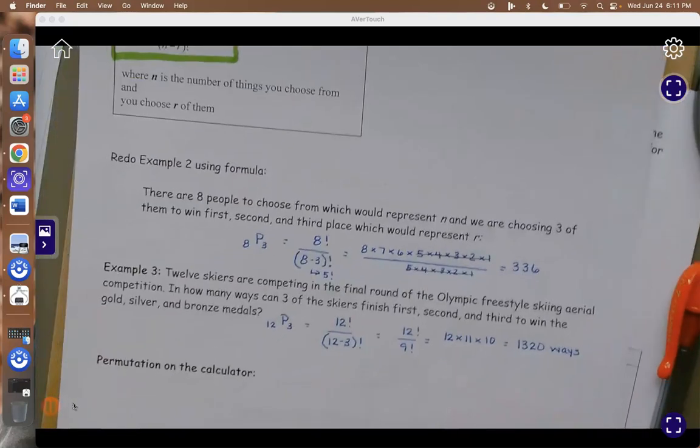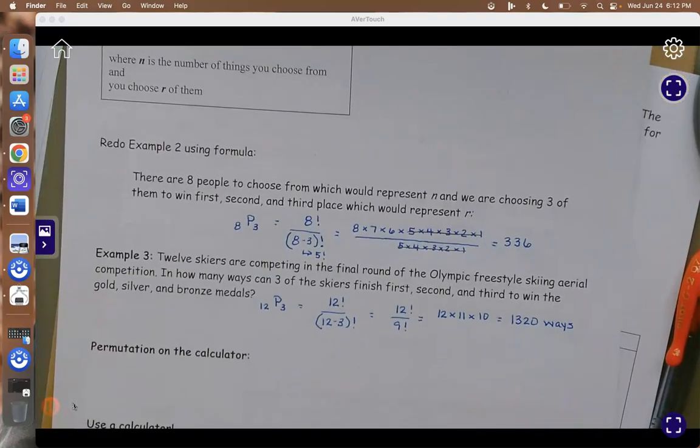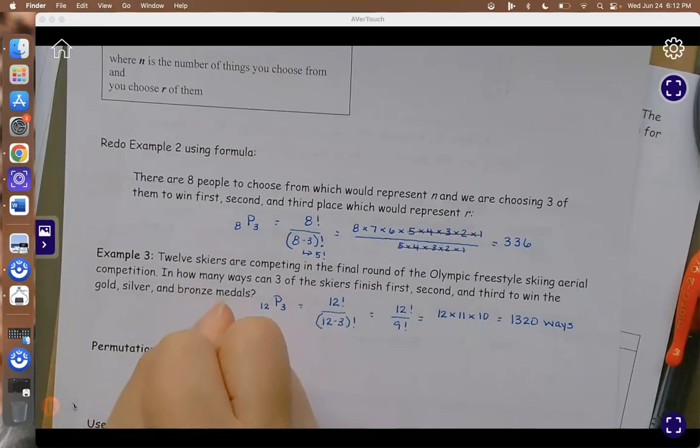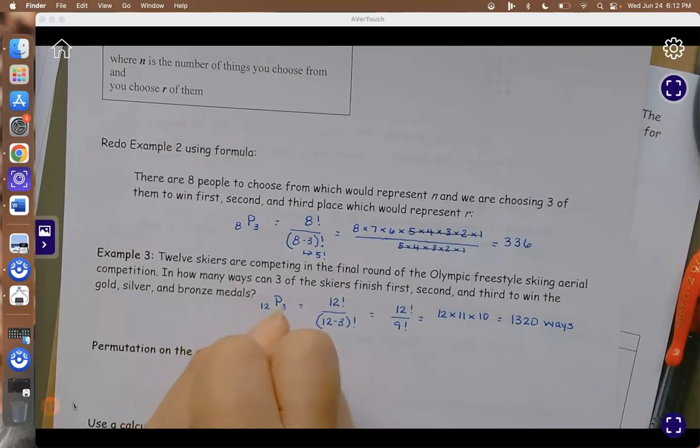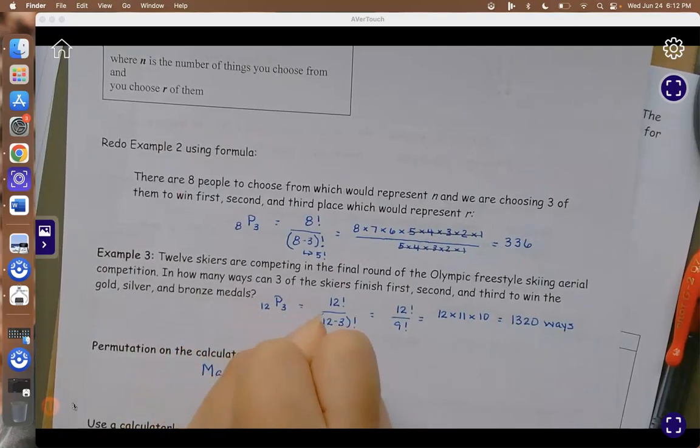Now, there's an even easier way to do permutations on the calculator. It's using math over the probability, option 2.